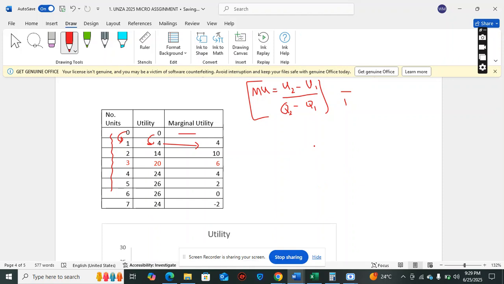You only use this shortcut when you see the number of units are increasing by 1, then you can use this shortcut where you're just subtracting. Okay, so for this marginal utility of 4, you say MU, the new utility was 4, the old utility was 0. The new number of units was 1, the old number of units was 0. 4 minus 0, 4, 1 minus 0, 1. So this is our first marginal utility.